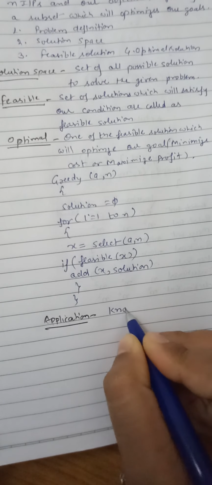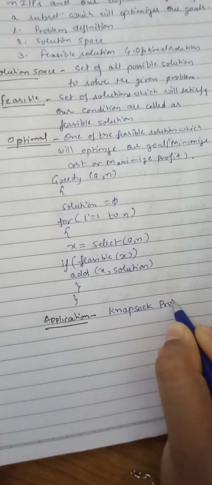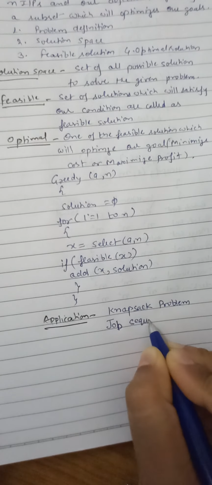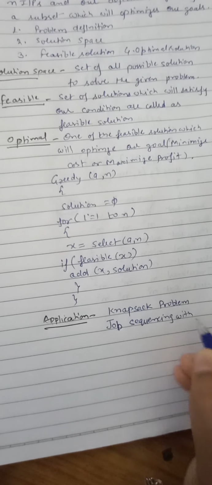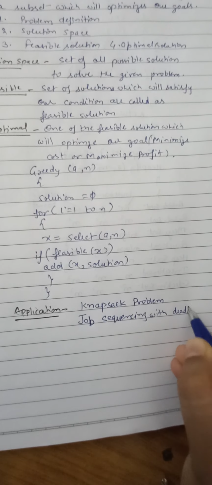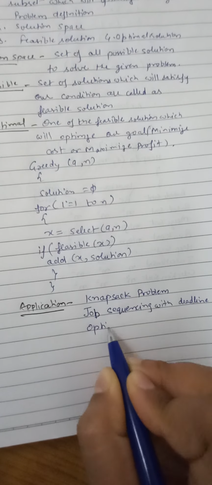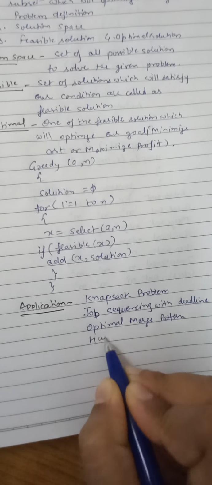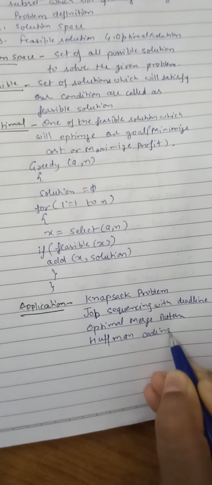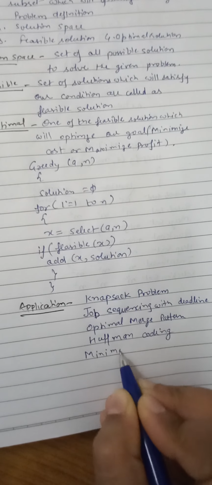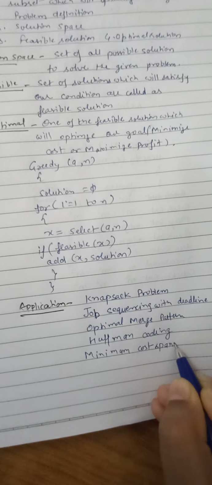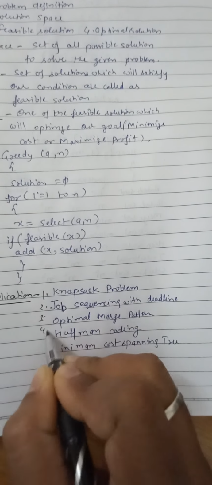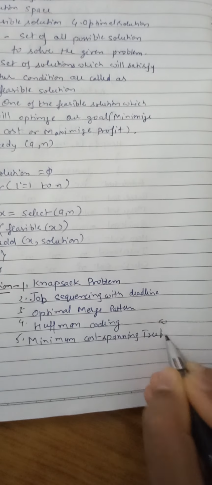One is the knapsack problem, another one is job sequencing with deadline, another one is optimal merge pattern, then Huffman coding, then minimum cost spanning tree.